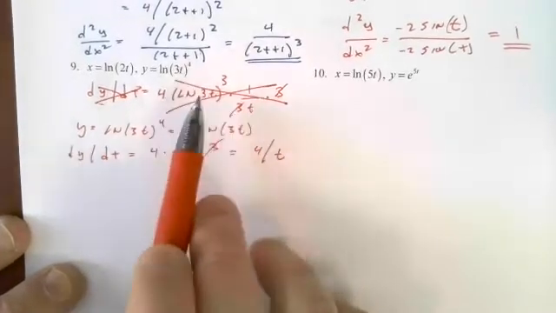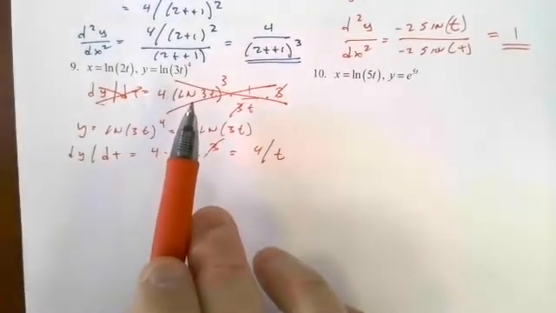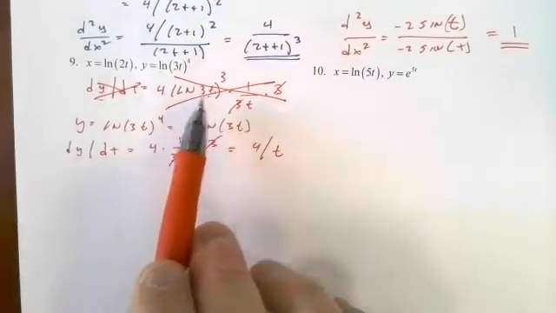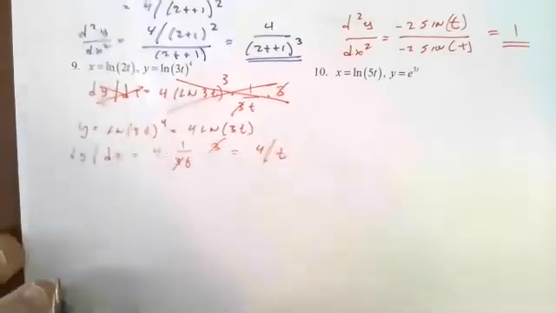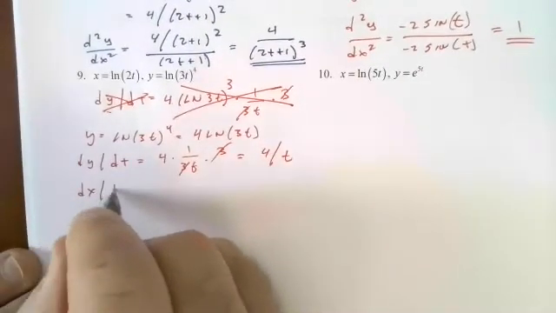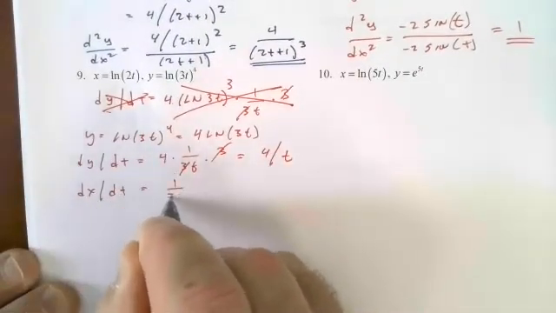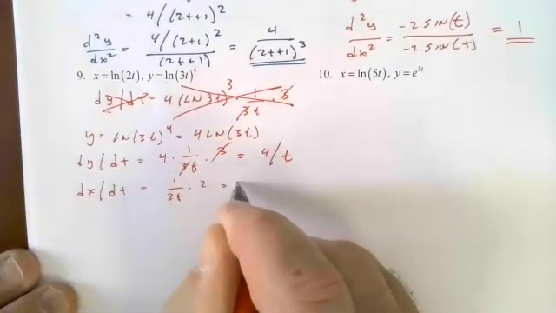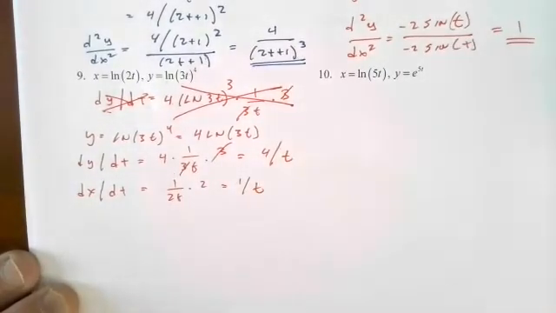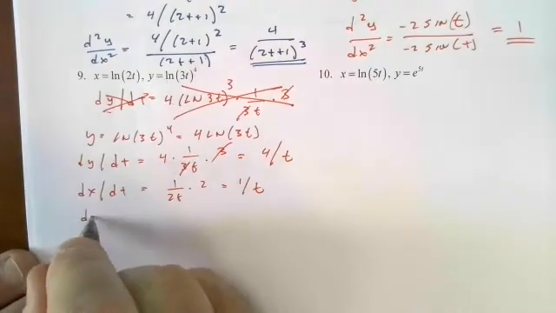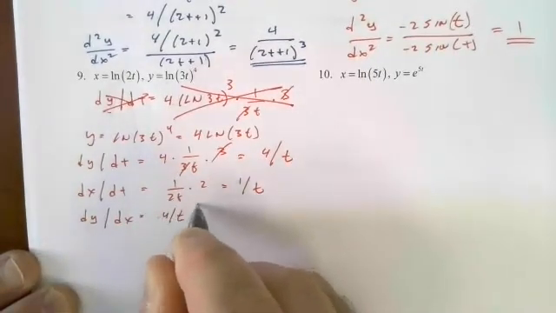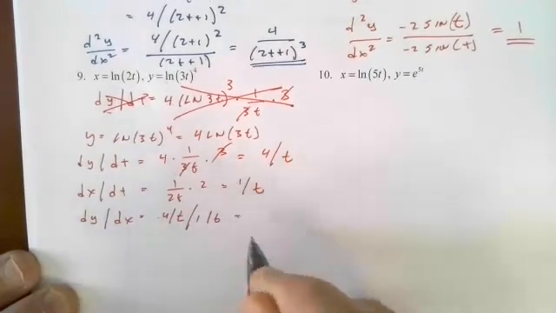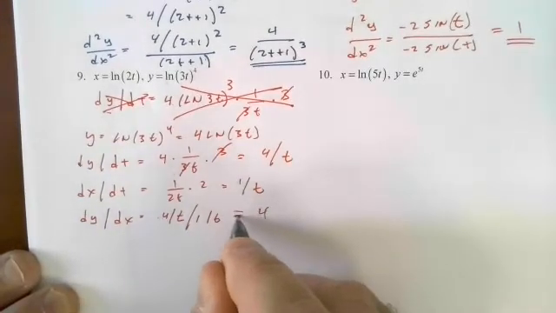I'm forgetting something up here, a rule of what I'm doing, so that's upsetting to me, but it'll come to me in the middle of my sleep tonight. dx/dt equals 1 over 2t times 2, is 1 over t. dy/dx is 4 over t over 1 over t, which is 4.